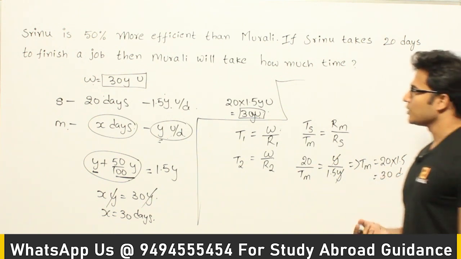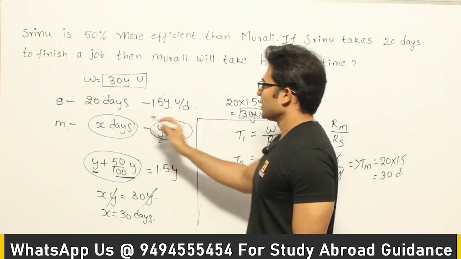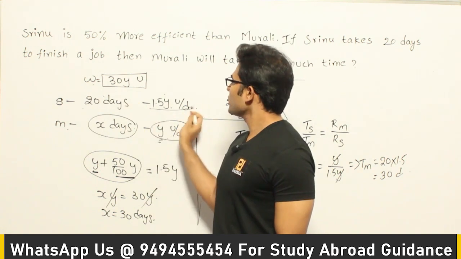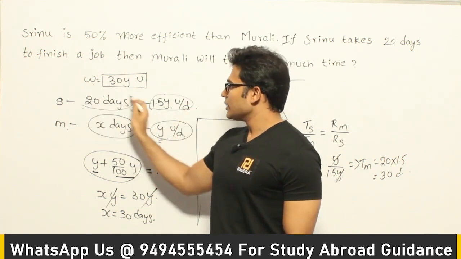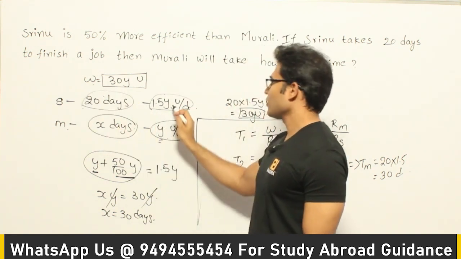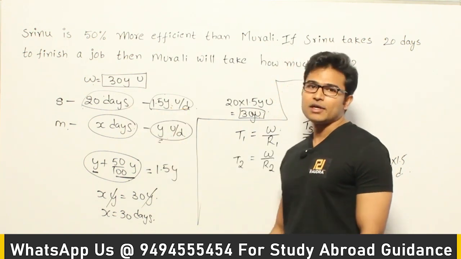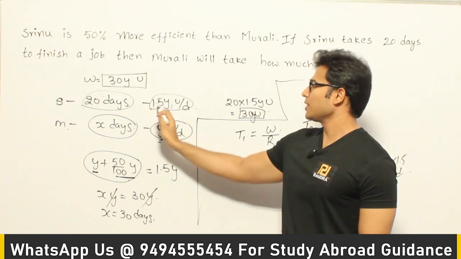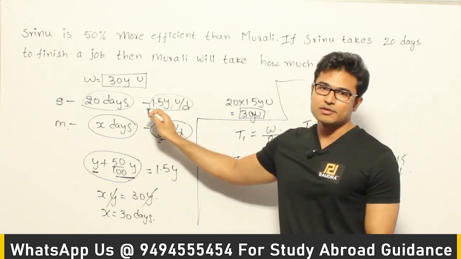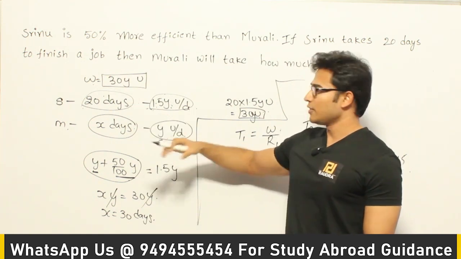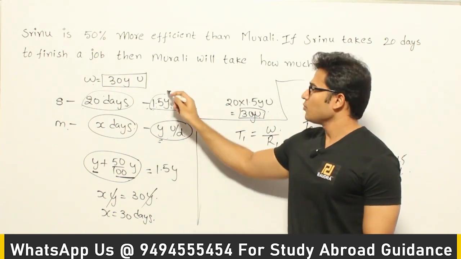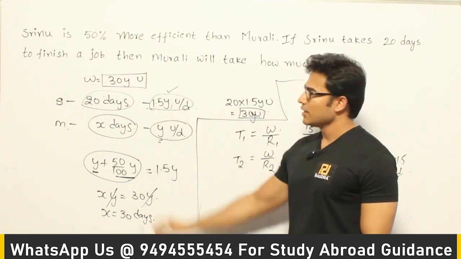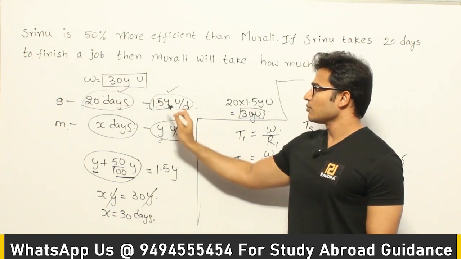So the only mistake you might make here is, given that for 1.5y it is 20 days, you might try to find out how many days it will take for y. Then you will get less than 20 days, which means you are trying to apply a directly proportional relationship here. Are you getting this? If you try to solve it in such a way that for 1.5y the days is 20, then what is the number of days for y?